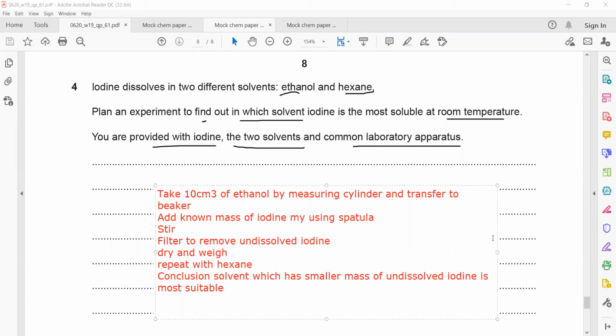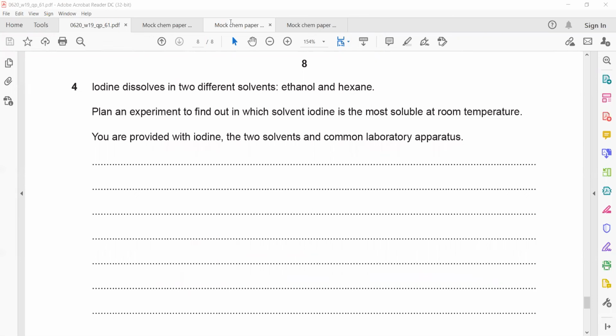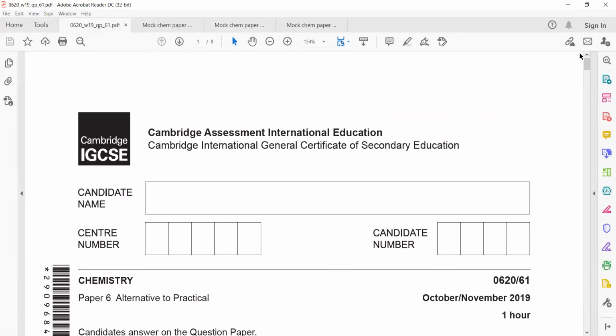The important thing is, when you are planning the experiment, you should mention the specific names of the apparatus for each step, and how you are carrying it out. So this was October November 2019, paper 6, variant 1.